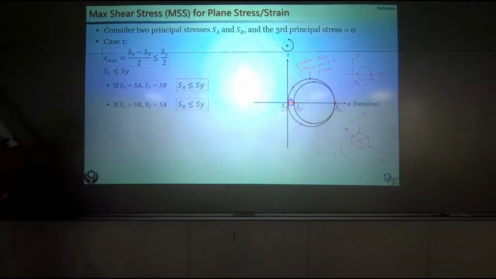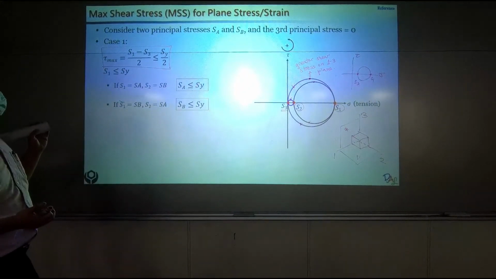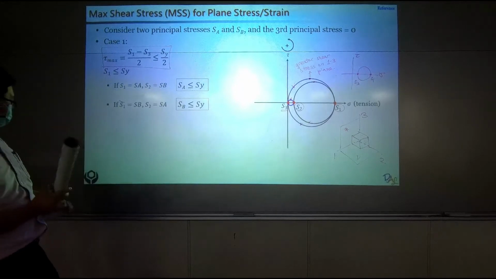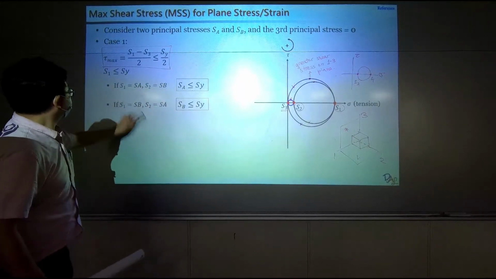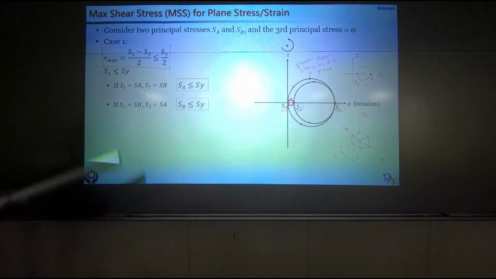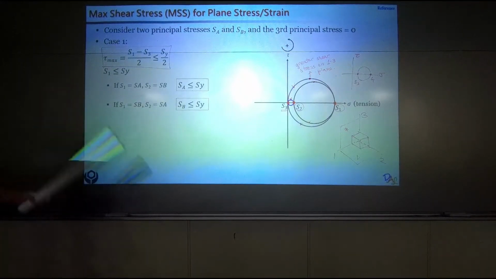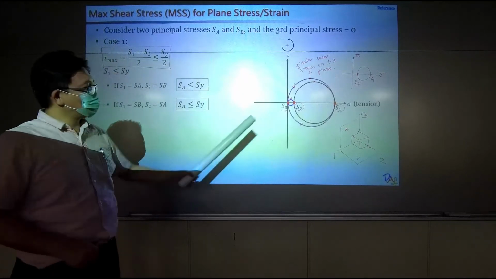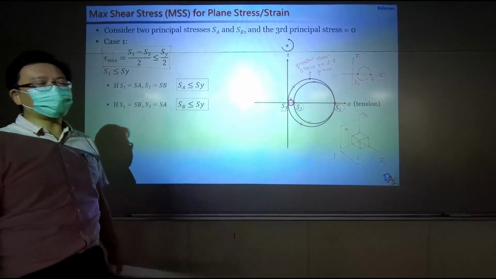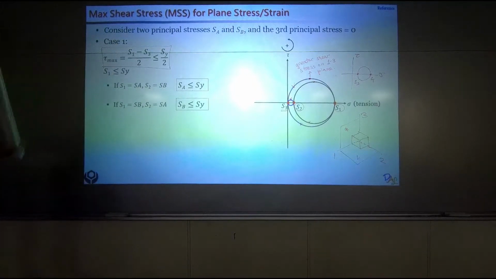So let's talk about cases one by one. But be aware, in this discussion there could be discussions about the third stress, even when it's 0. Okay, so let's get back to here.